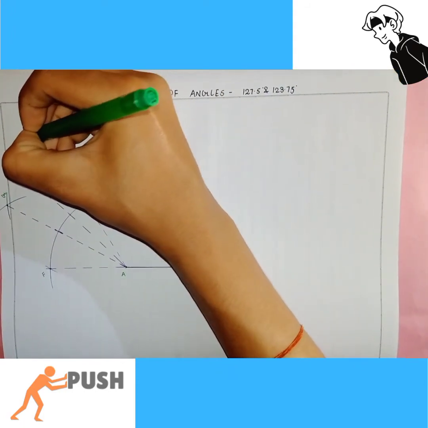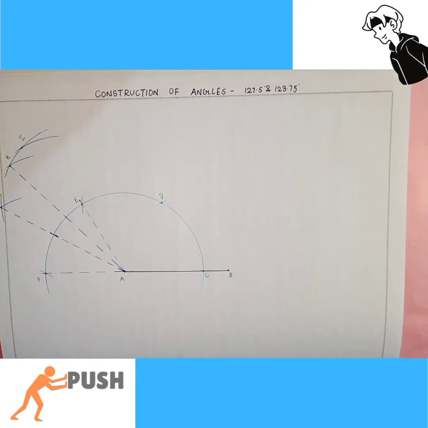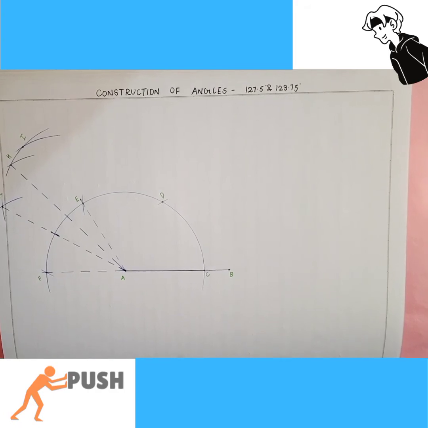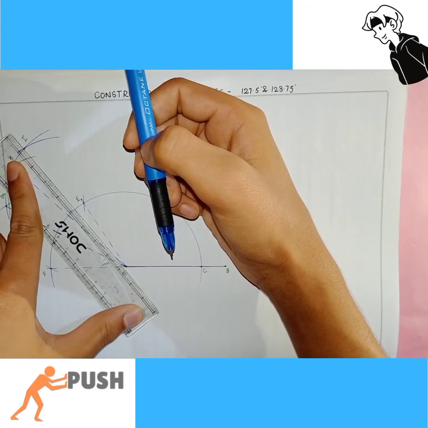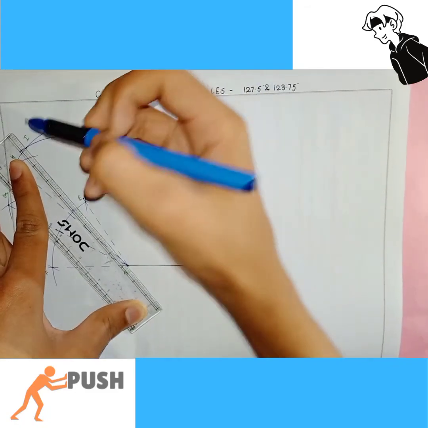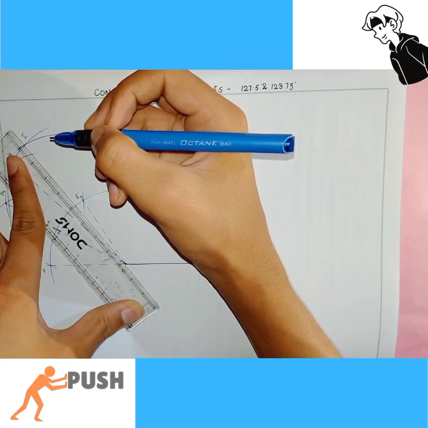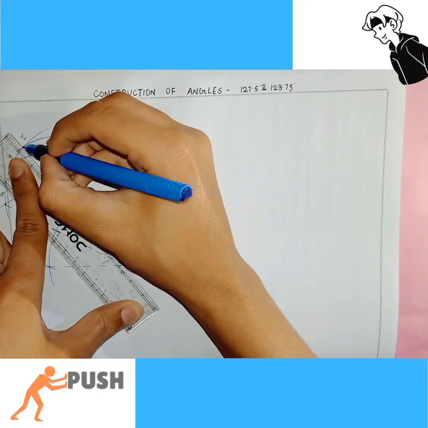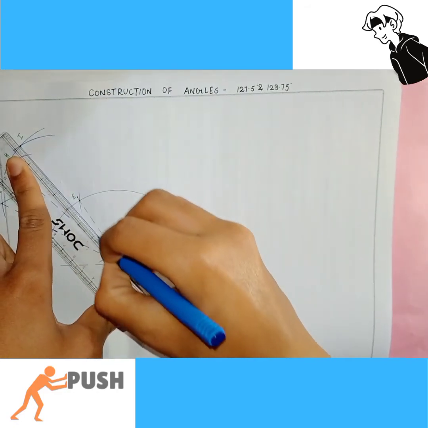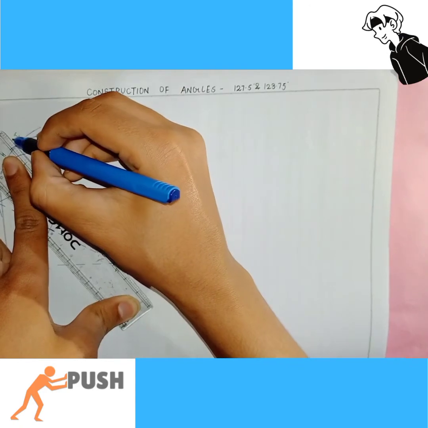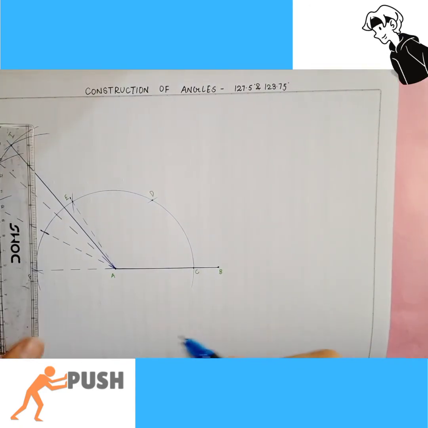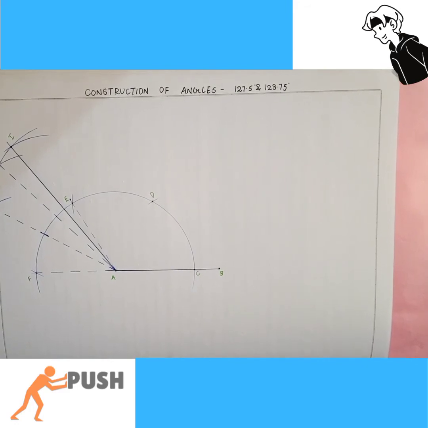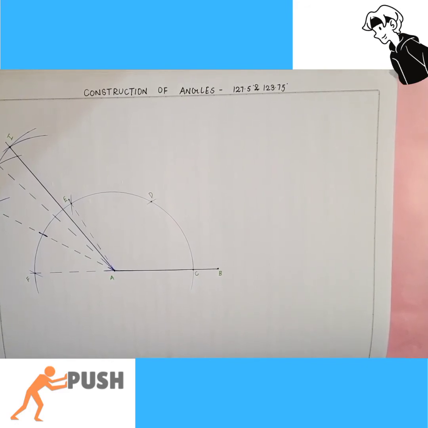Let's name it I. And here we can draw, or we should draw in fact, a straight line. So we have got angle BAI as 127.5 degree.